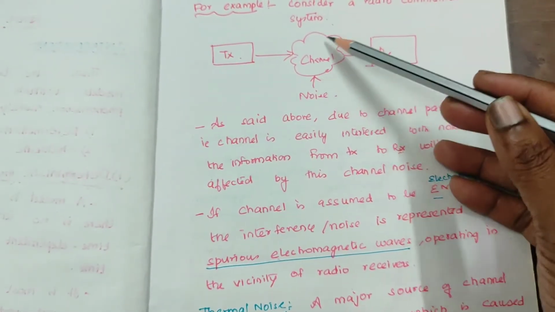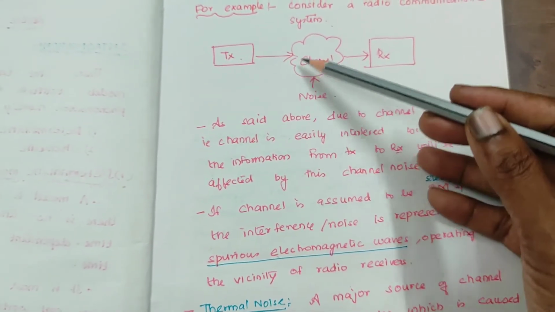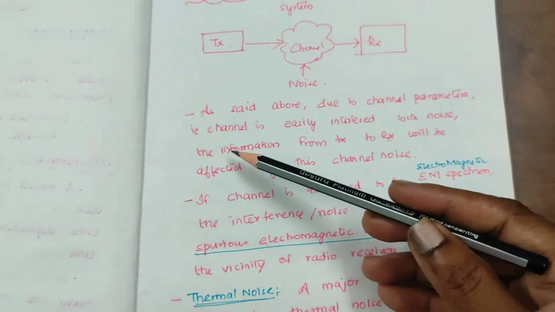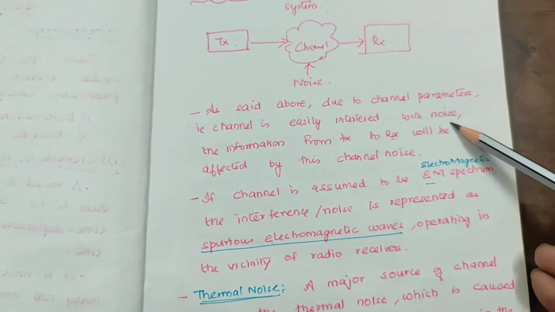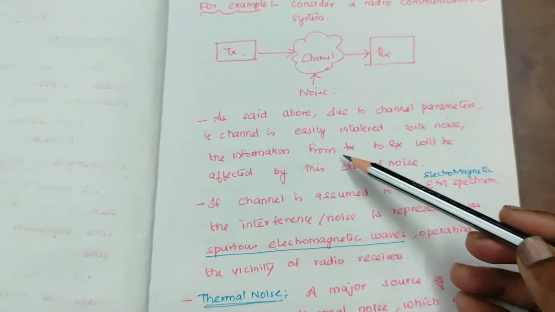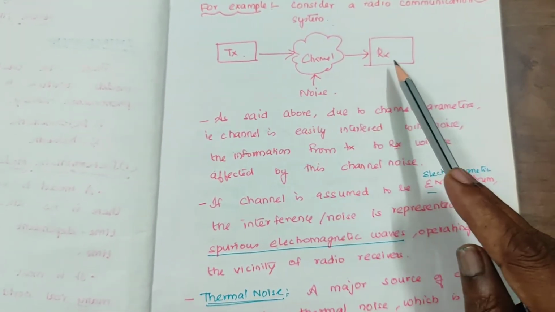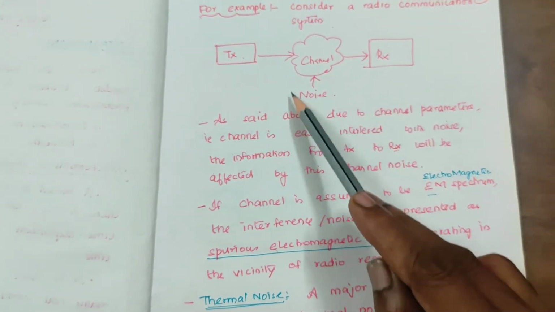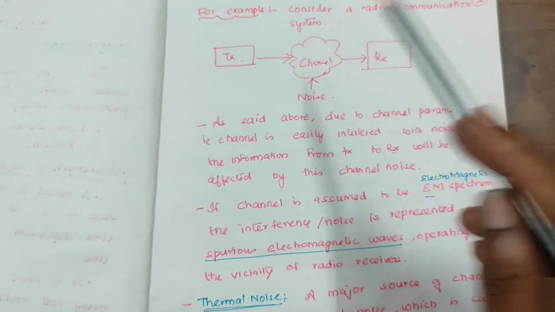The channel is an open medium, which is easily affected by noise, because noise is an unavoidable parameter. The information from the transmitter to the receiver will be affected by this noise in the channel.